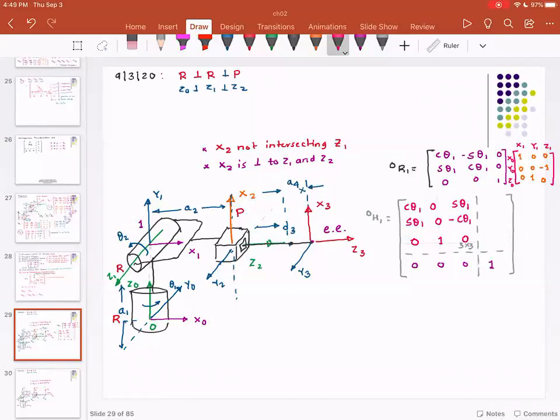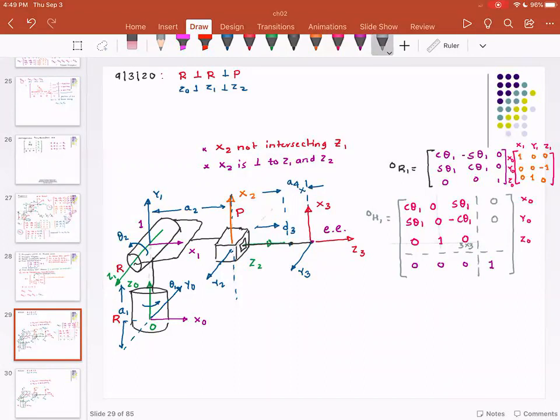Last but not least, for the positions, I'm interested in the distances between these two frames along x0, y0, and z0. Along x0, the distance between the frames is 0. Along y0, the distance between the frames is 0.